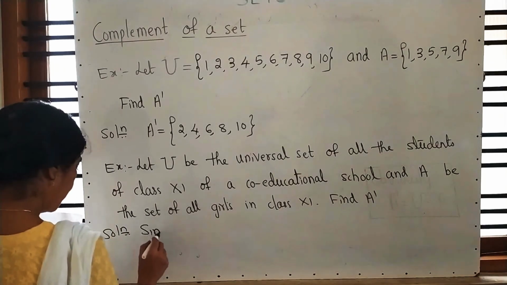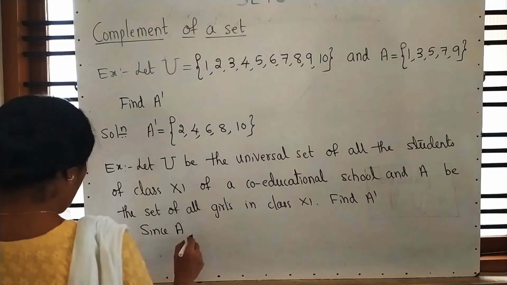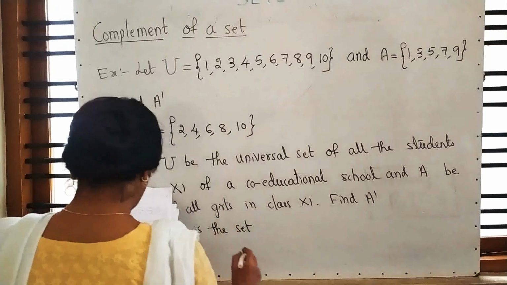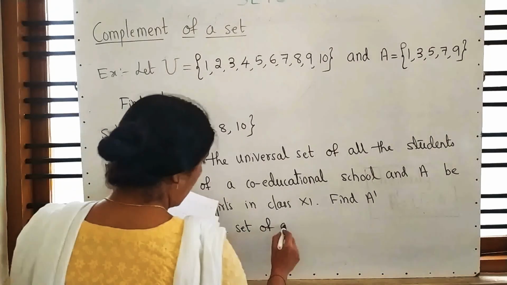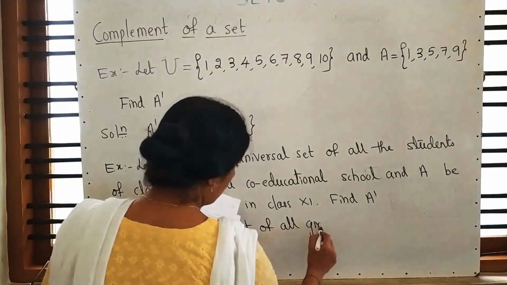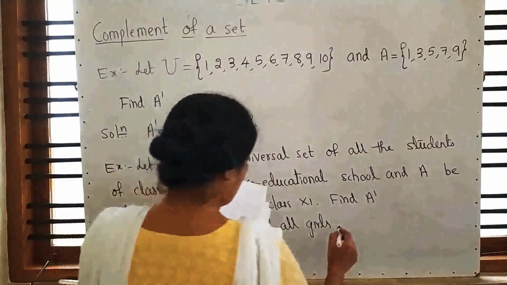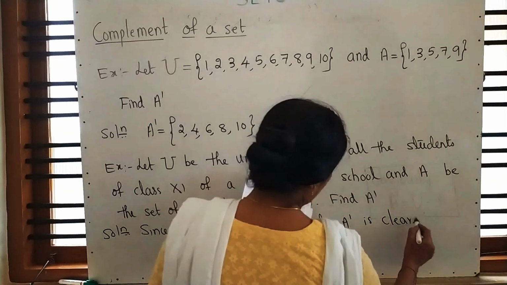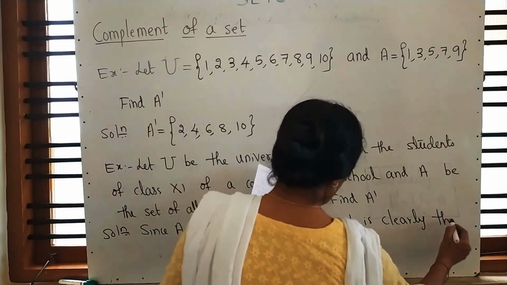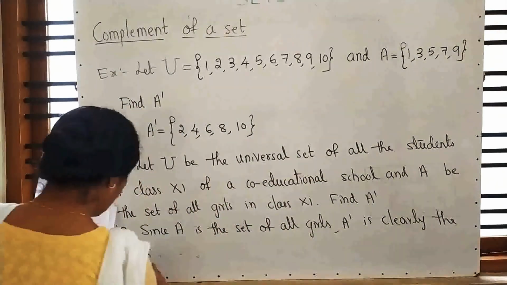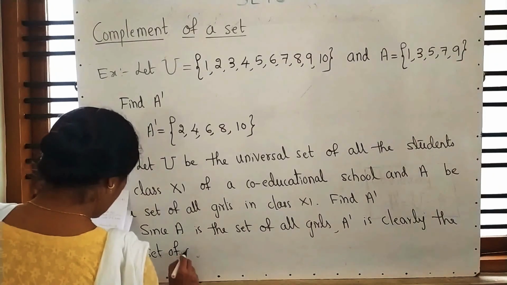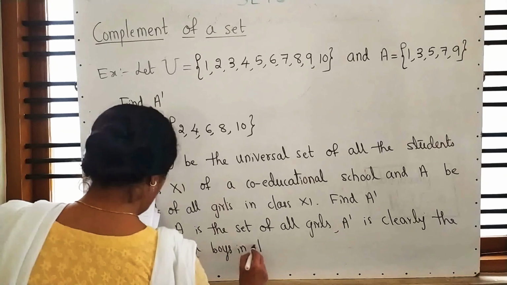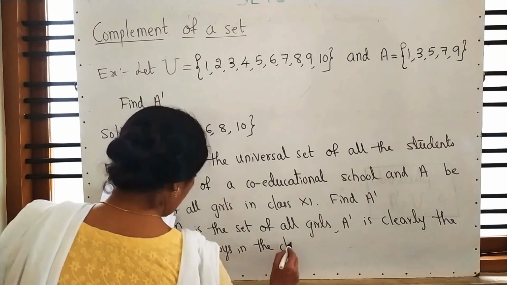Since A is the set of all girls, A complement is clearly the set of all boys in the school.